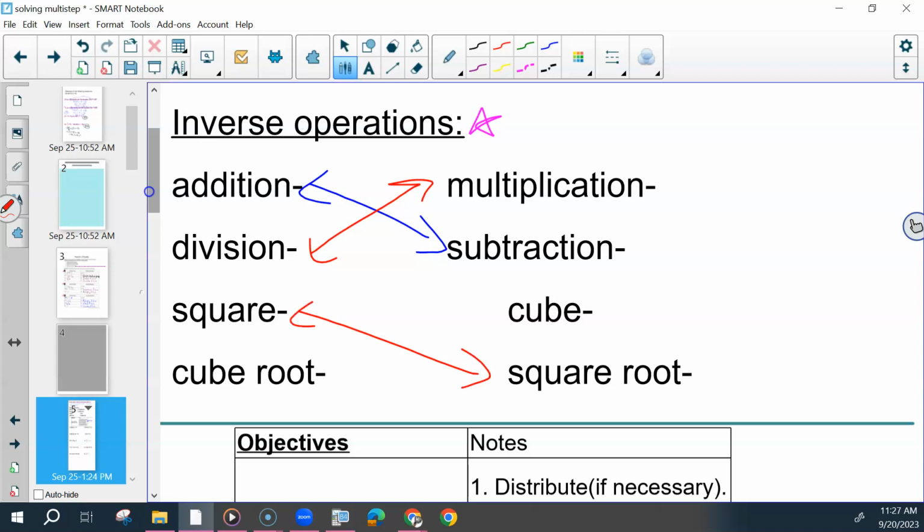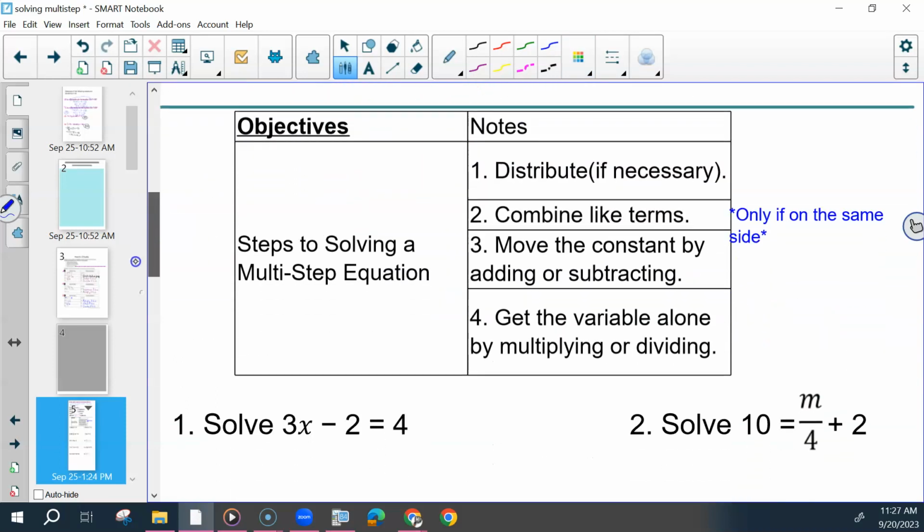And then cube root would be the other. So think about this like, if I have 3 squared, that will give us 9. The square root of 9 is 3. They undo each other. Same thing with cube and cube root. 2 cubed is 8. The cube root of 8 is 2. They undo each other.